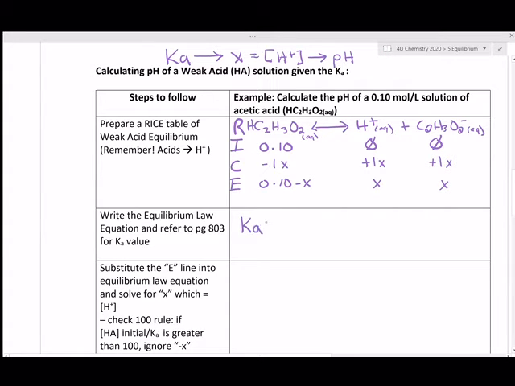So Ka is going to be hydrogen ion multiplied by our anion, all divided by the concentration of the original ethanoic acid.